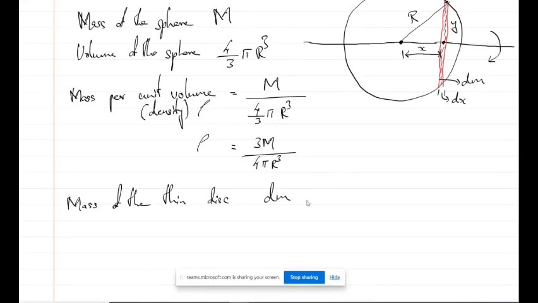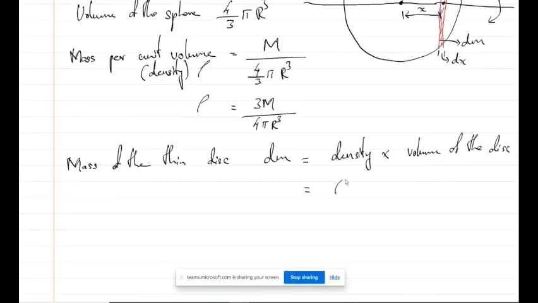That dm will be the density times the volume of the disk. The density is rho, and now how do you find the volume of the disk?